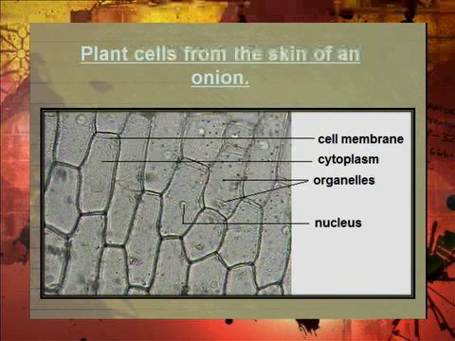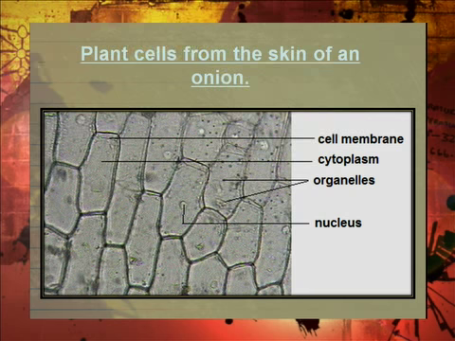You would be able to see divisions between the cells, and those are the walls that exist between the cells. You'll see that the cells are filled with a liquid called cytoplasm, and you may be lucky enough to see dark spots in the cell, which are the various different organelles.